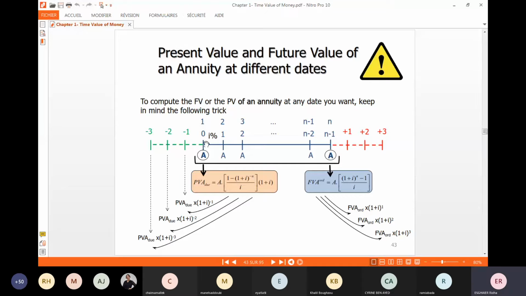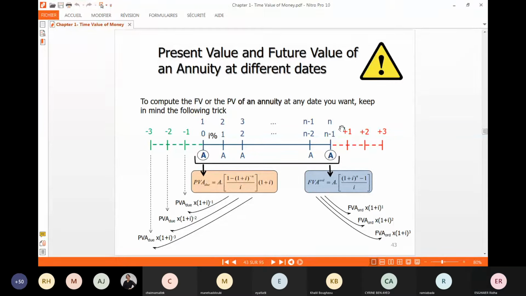For example, from 0 to date 2, we have 3 amounts: 0, 1, 2. So from 0 to 2, we have 3. From 0 to n minus 1, we have n minus 1 plus 1, n deposits. Or if we start from the date 1, the last amount will be deposited or received at the date n. From 1 to n, we have n minus 1 years, but n deposits.